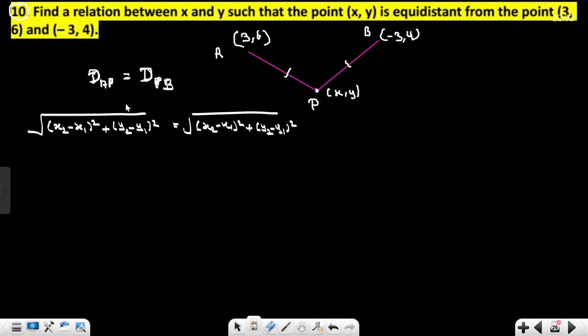Okay, how do we decide x1, y1? Simply by AP: P coordinate minus A coordinate. P coordinate is x minus 3, y minus 6. x minus 3 square plus y minus 6 square. Similarly here, PB. You can write here BP, okay? So it's easy for you.